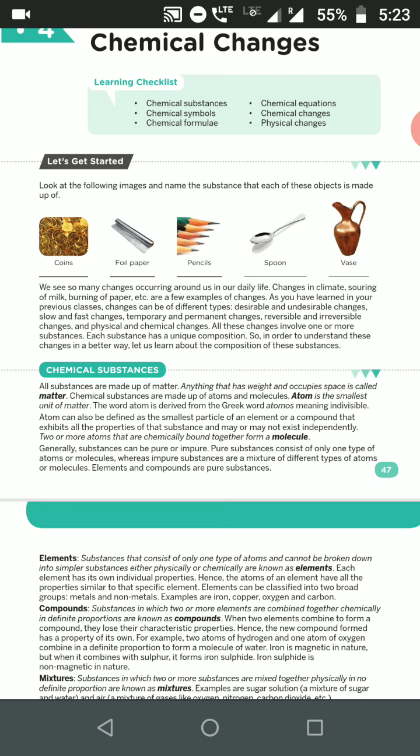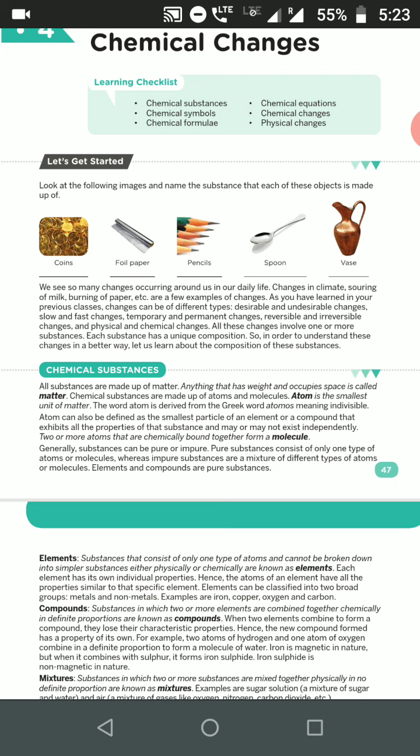Every substance has a unique composition. So in order to understand this, let us learn about the composition of these substances. First, chemical substance. All substances are made up of matter. Anything you are using, pen or pencil in your hand, the air you breathe, anything, it is made up of matter.